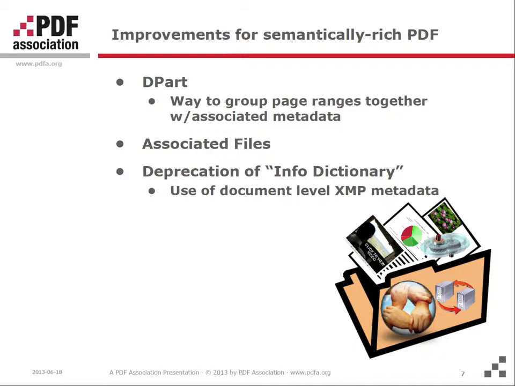And what you can actually do based on DPart, you can attach metadata, and in this case it's not normally XMP metadata, it's just dictionary keys and values. You can attach metadata to pages or page ranges. And you can do it in a hierarchical fashion.